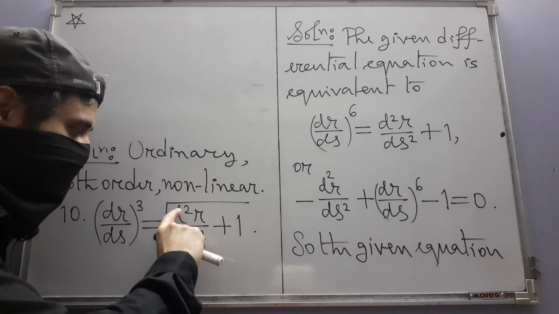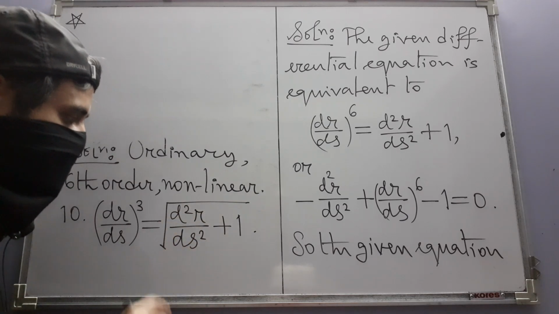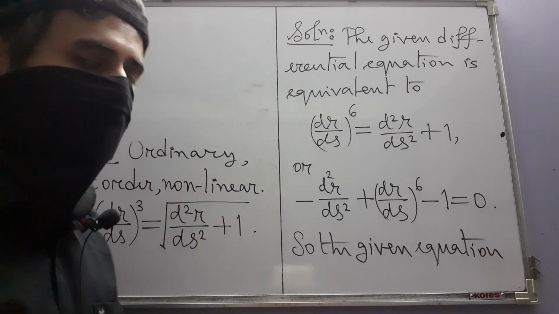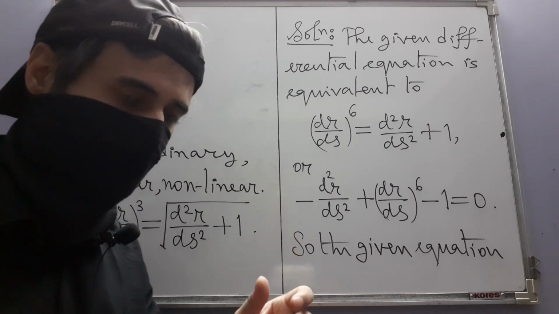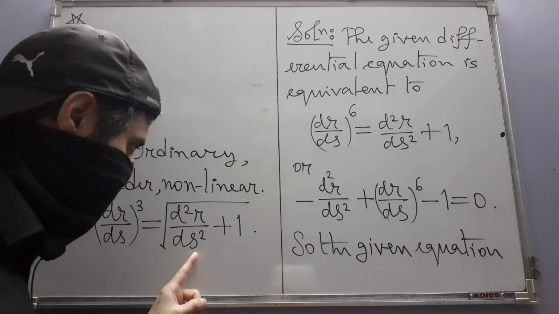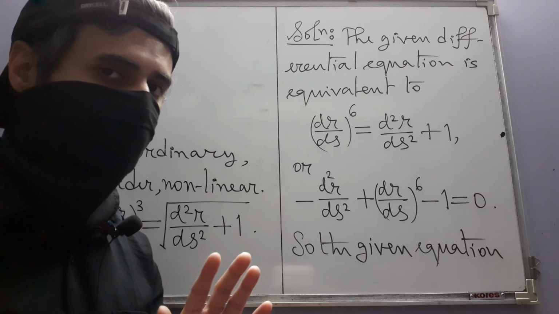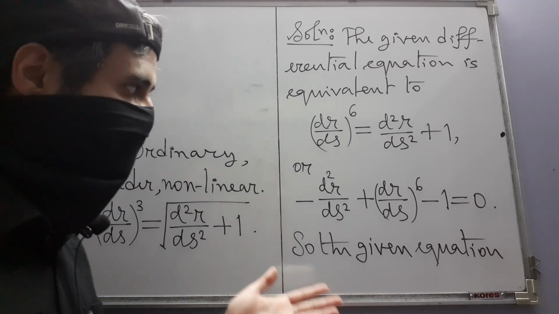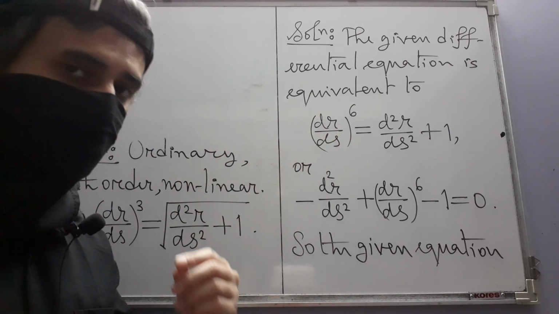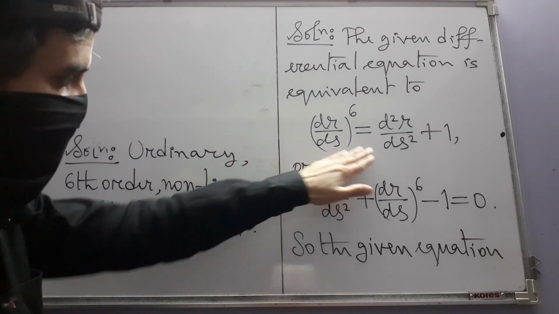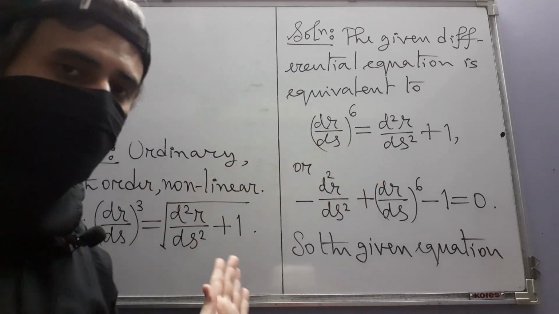So the function r, which is a function of s, is such a function that in its domain this second derivative plus 1 never becomes negative. With that understanding, these two equations become equivalent. Just like you can get this one from this one, you can also go back.